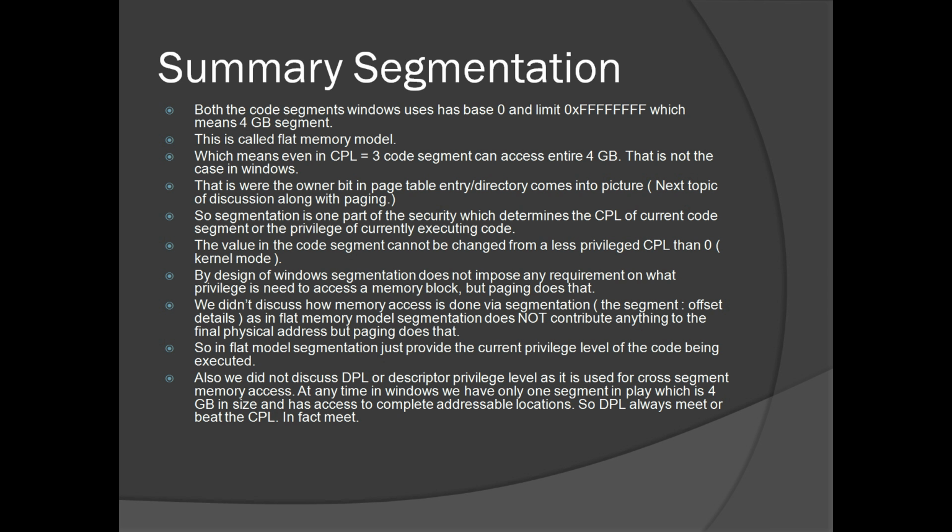So only certain instructions in CPL 0 or kernel mode can change the value of the CS segment. By design of Windows, segmentation does not impose any restriction on what privileges are needed to access a memory block. But paging does that.